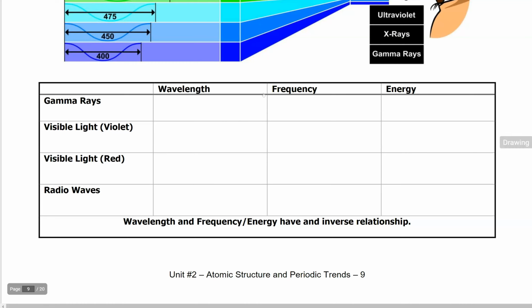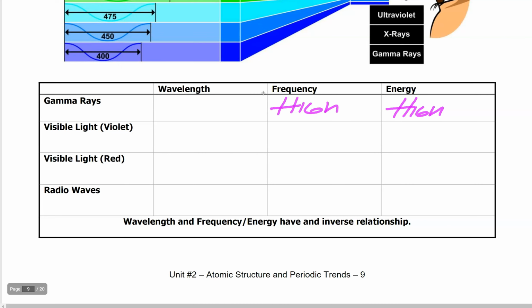Okay, so hopefully you paused the video. If you haven't, you're just waiting on me, which I guess is okay, but you're not going to be testing yourself much. So gamma ray, well, that's going to be high energy. That makes sense, those are the dangerous parts of the radiation, the ones you have to be worried about. And over here, the frequency, remember, is the same as energy, so these two columns are going to be the same.